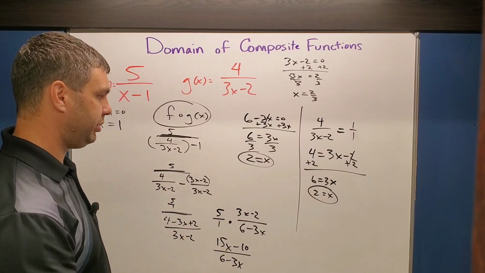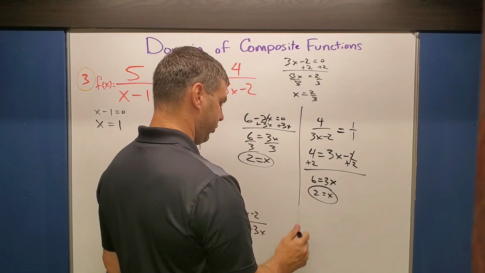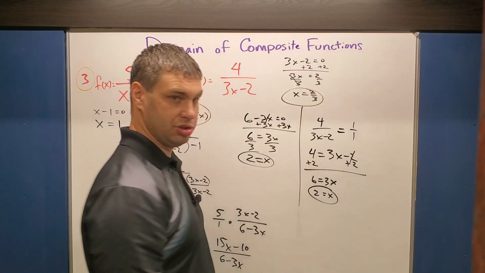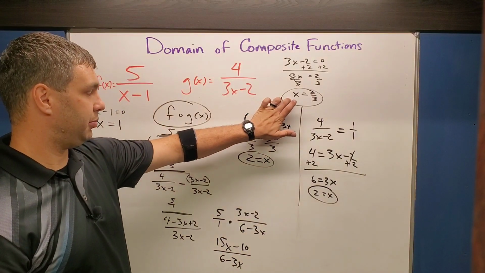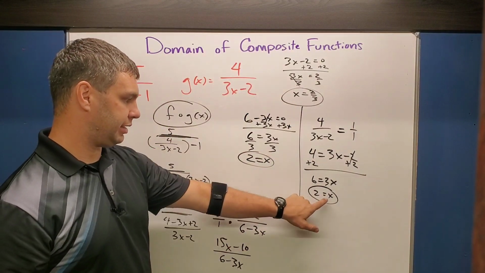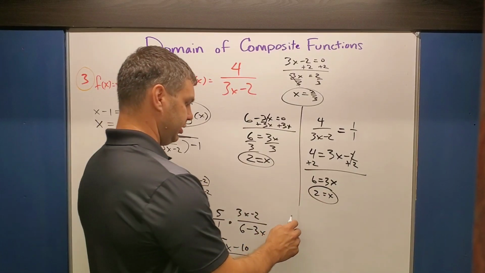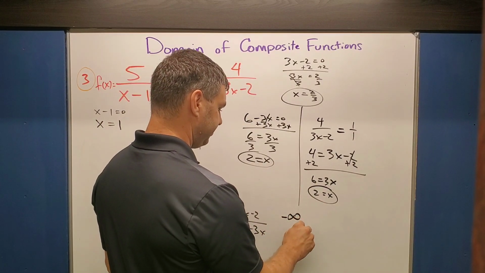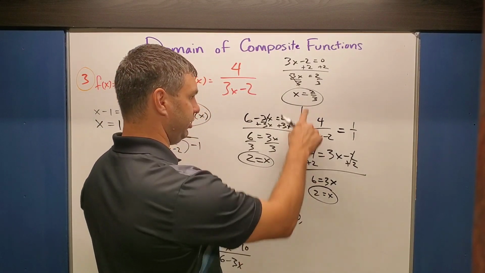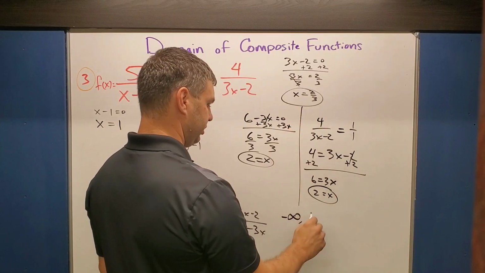It is going to be all real numbers except for the limit on the domain of g, as well as the exclusion of f of g of x. So from negative infinity until, which one's smaller, 2/3 or 2? 2/3 is smaller.